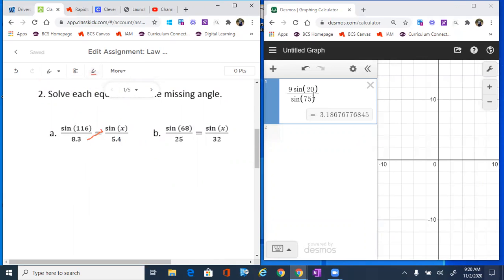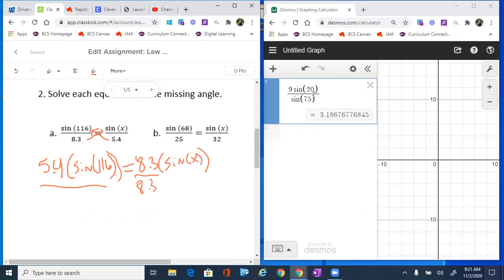So I'm going to say 5.4 times sine of 116 equals 8.3 times sine of x. Okay, so 8.3 times sine of x, and we are going to divide by 8.3. So divide by 8.3.